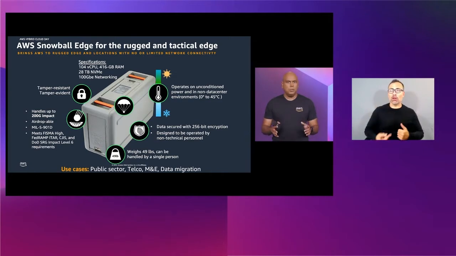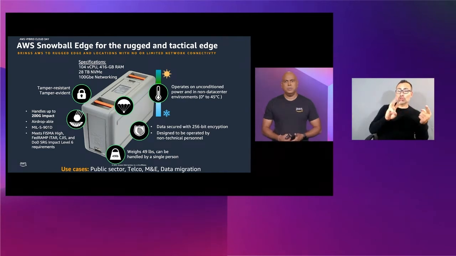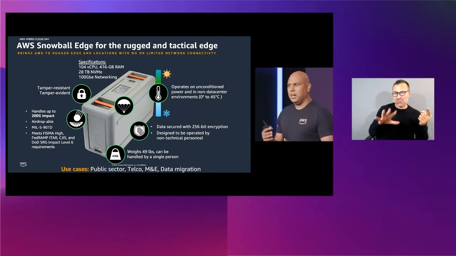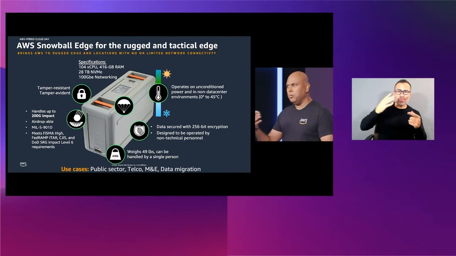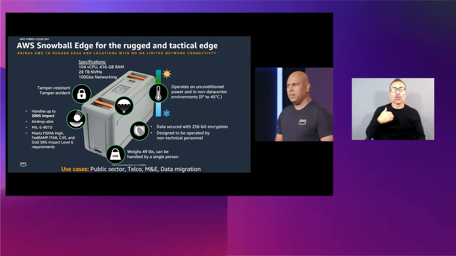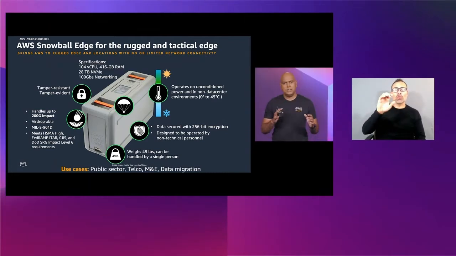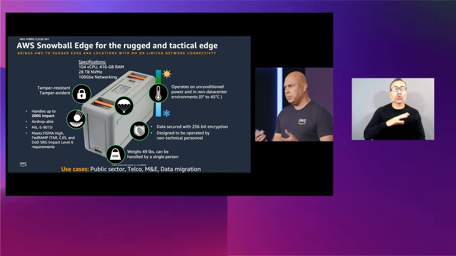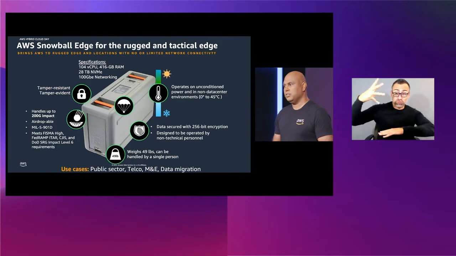From a Snow family point of view, we have two broad classes of products right now. One is the Snowball Edge. As you can see there, it's roughly the size of a carry-on luggage. It's about 50 pounds. It has 52 vCPUs, and we will continue to have more flavors, where you might have 104 vCPUs and 416 gigabytes of RAM. These are military-spec capable devices, and they can handle impacts of up to 200 G's. So if you drop something on this device, it can withstand 200 G's of shock forces.